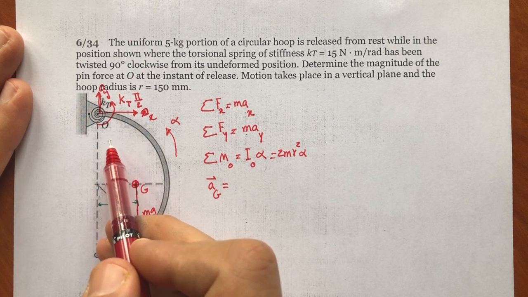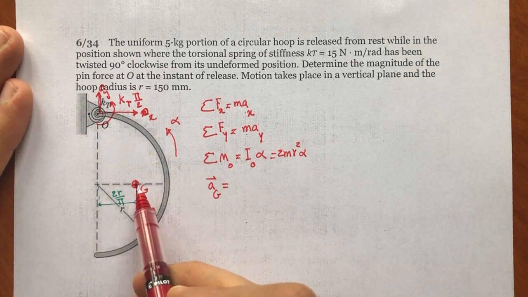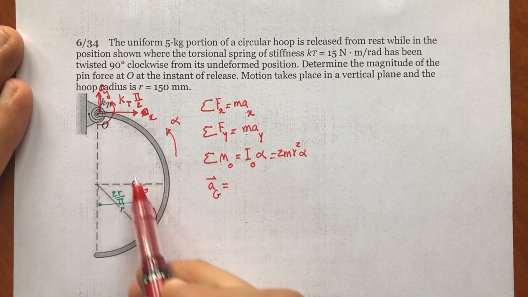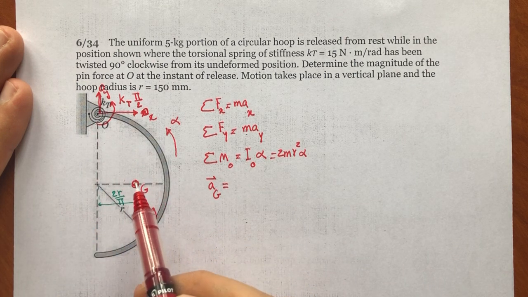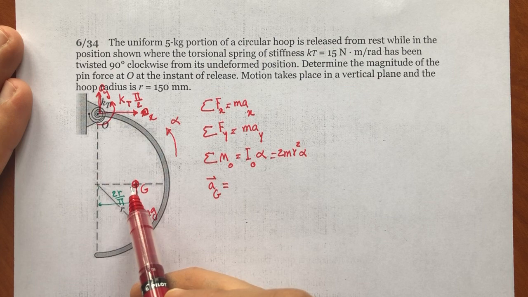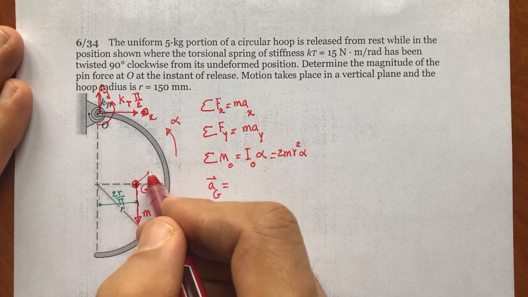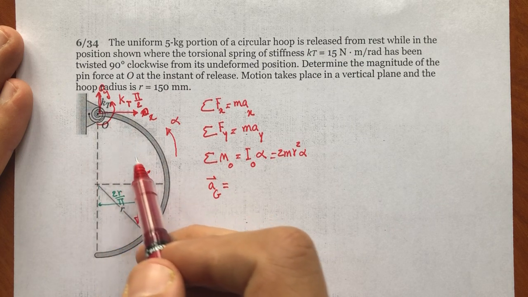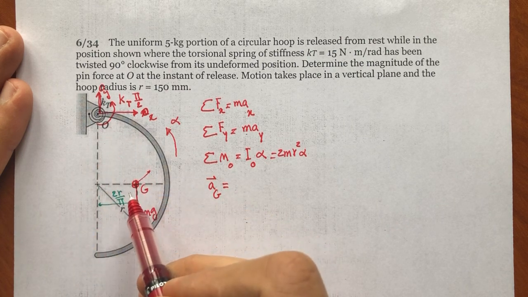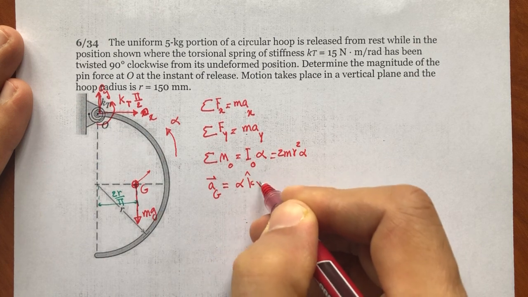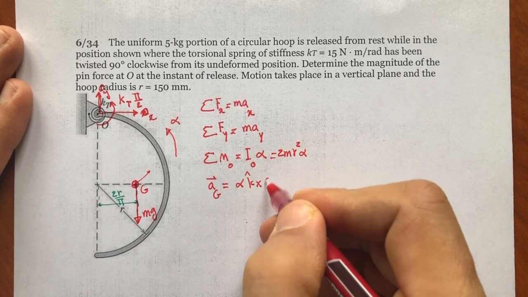The normal component of the acceleration is 0 because there is no velocity. An is equal to v squared divided by OG, if you remember. But velocity is 0, so there is no normal acceleration. But the tangential acceleration is going to be alpha cross OG. So I can use alpha, which is in the k direction, cross product with OG.